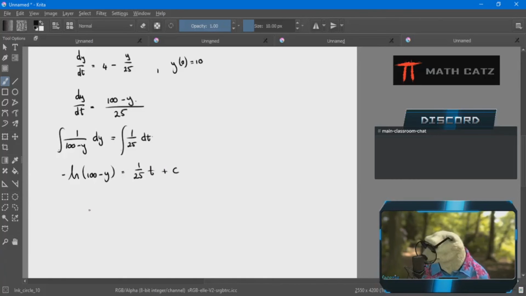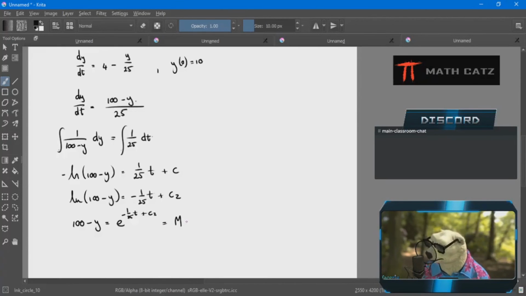So natural log 100 minus y is going to be negative 1 over 25 t plus a different integration constant. So 100 minus y is going to be e to the negative 1 over 25 t plus integration constant, which I will rewrite to a different integration constant.